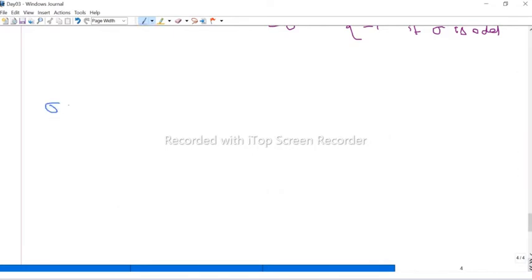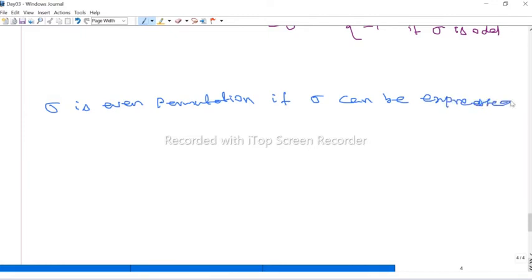Suppose we say sigma is an even permutation if sigma can be expressed as a product of an even number of transpositions.